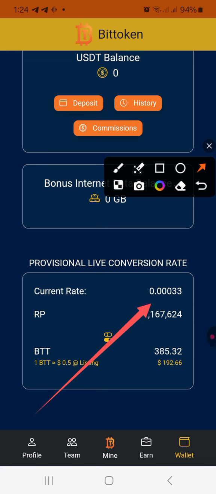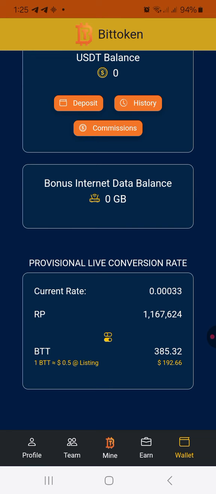Now, what was happening through the period that we were having the different updates is that the current rate was not set correctly. If you had been noticing it, it was saying 0.0048.